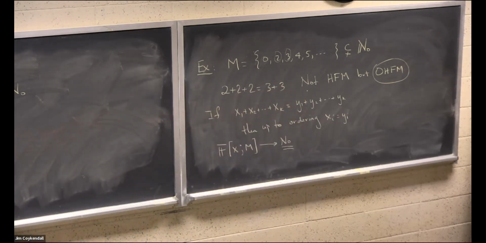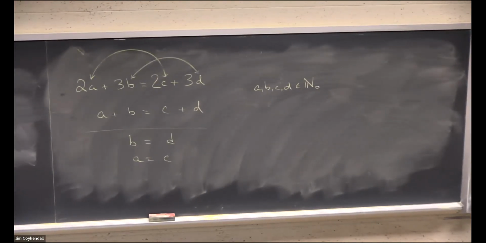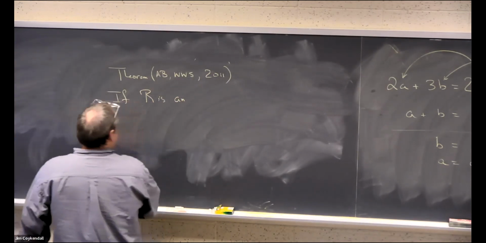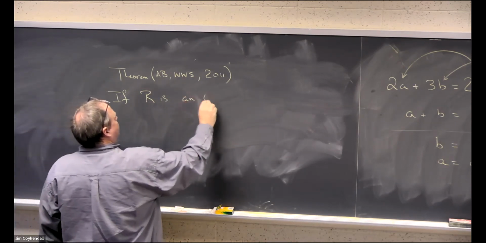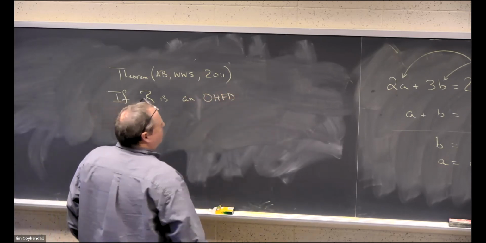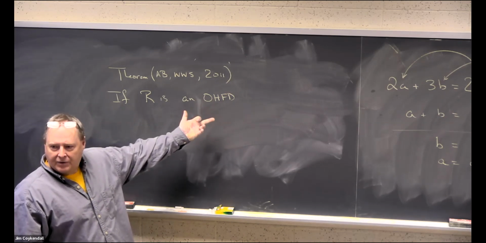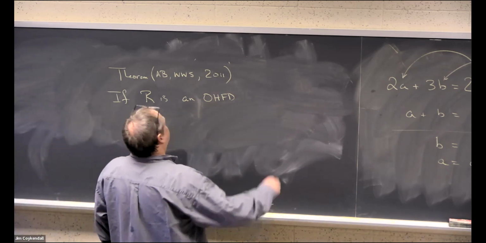And here's the theorem. I believe it's 2011. If R is an integral domain with this property, that is, factorizations might have different lengths, but if you have two factorizations of the same length, then they're the same.